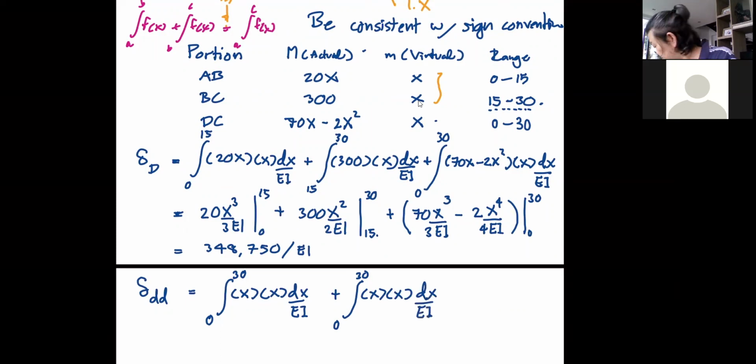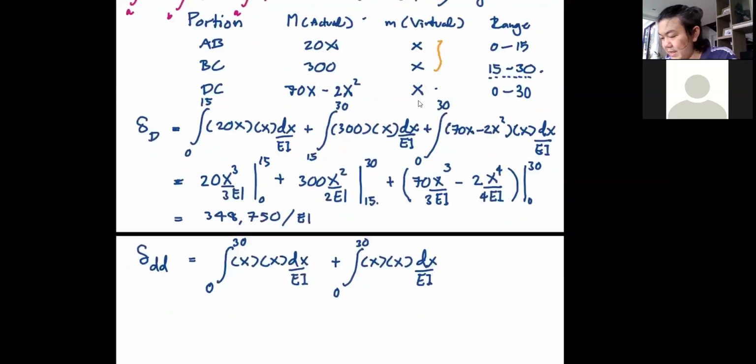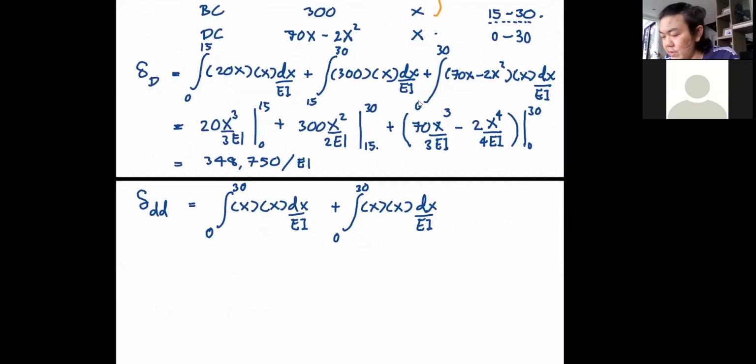But I might as well multiply by 2 now, because they are the same. So it's 2 times the integral of x squared. That comes out to be x cubed over 3EI, and the range is from 0 to 30, and that gives us a beautiful number of 18,000 over EI.